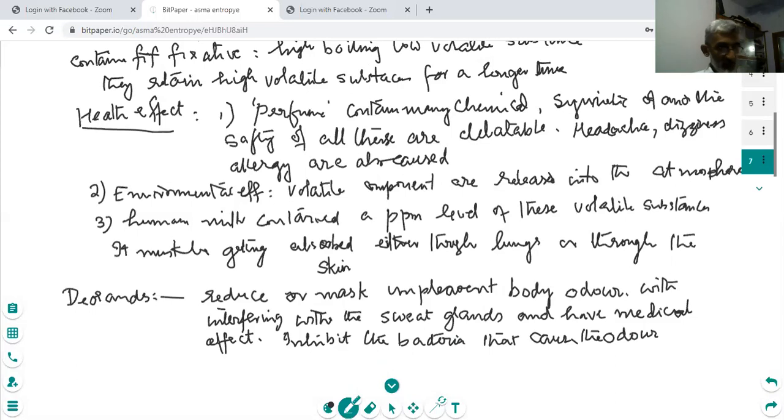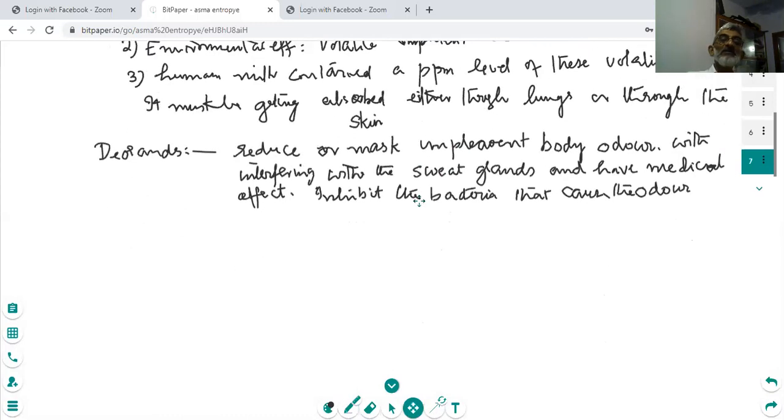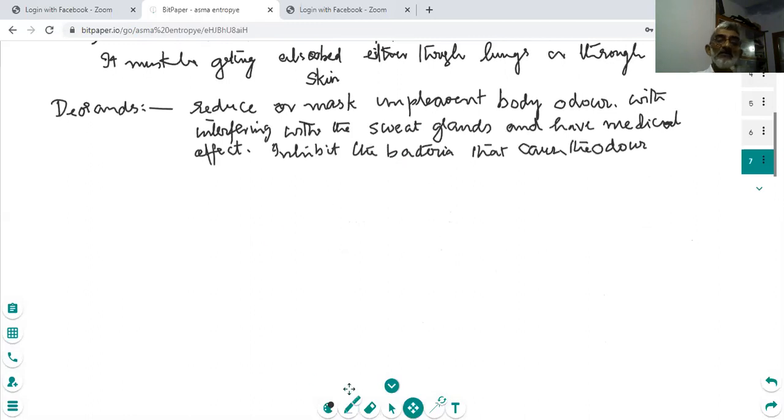Okay. Now these substances which are there in the market contain quite a few components, which the market gives you.